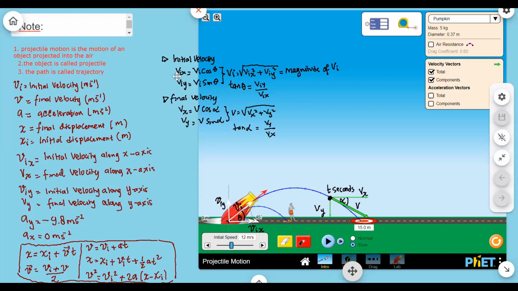We can say this process is the first step to analyze the projectile motion. And the second step is to treat the motion as two independent one-dimensional motions, one horizontal and the other vertical. That is step number 2 if you want to analyze the projectile motion.